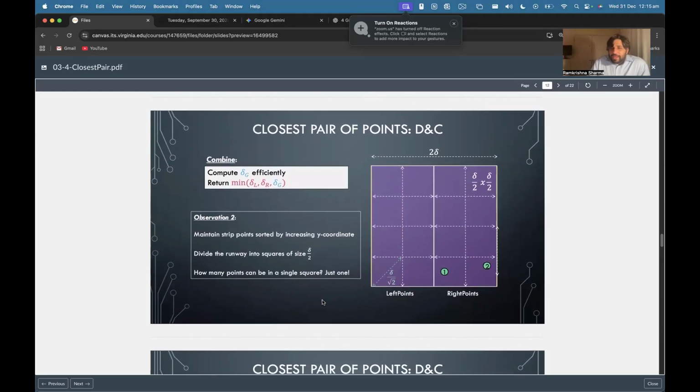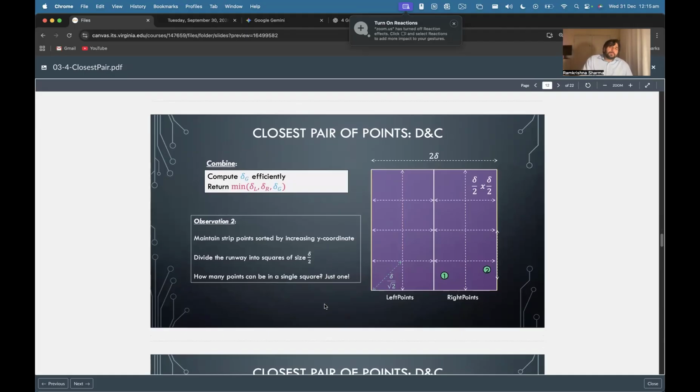So geometrically, what we end up doing is, this is a magnification, by the way, of the runway strip. And we create boxes, and each box is delta divided by 2 times delta divided by 2. So its height and width is delta divided by 2.